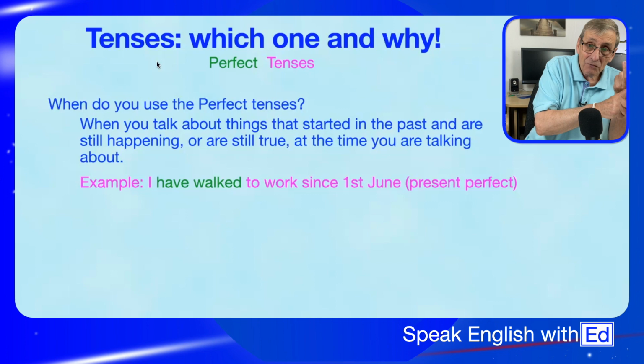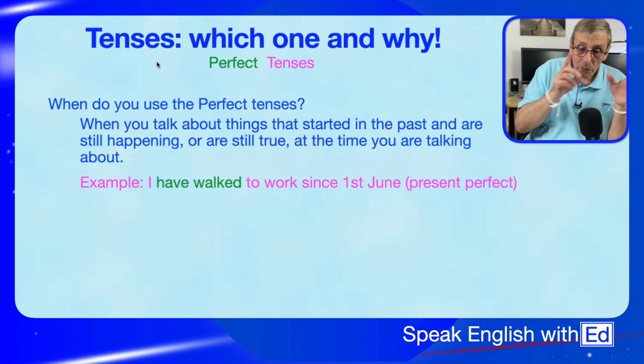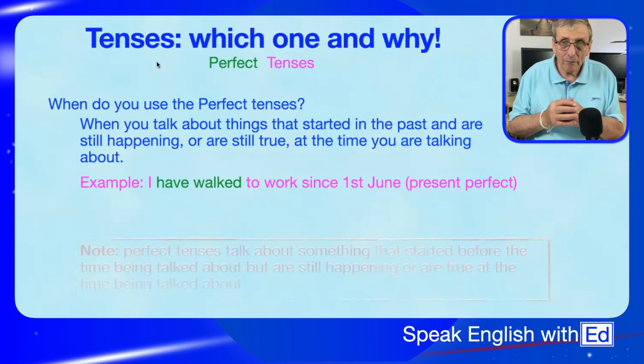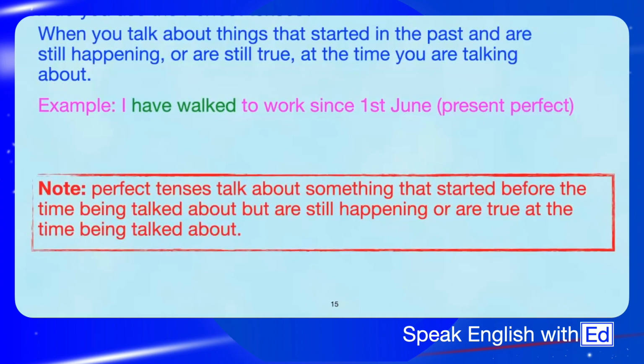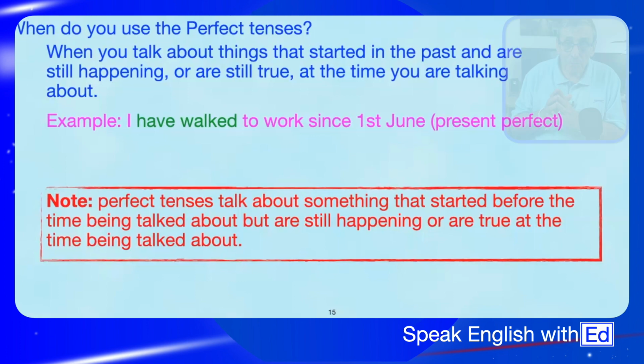You're saying I have walked to work since June the 1st. On June the 1st I started walking to work and I'm still doing it. That's what it means. Perfect tenses talk about something that started before the time that you're talking about in your sentence, but it's still true and or still happening at the time you're talking about.